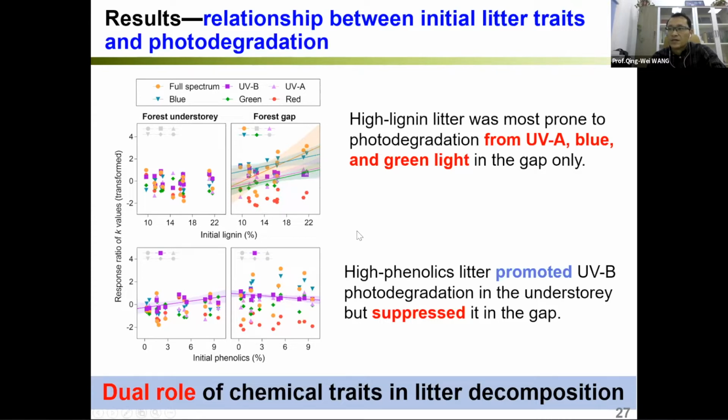Interestingly, high phenolic litter in the understory promotes UVB photodegradation, but suppresses it in the gap. It suggests the dual role of both lignin and polyphenolic compounds affecting litter decomposition.